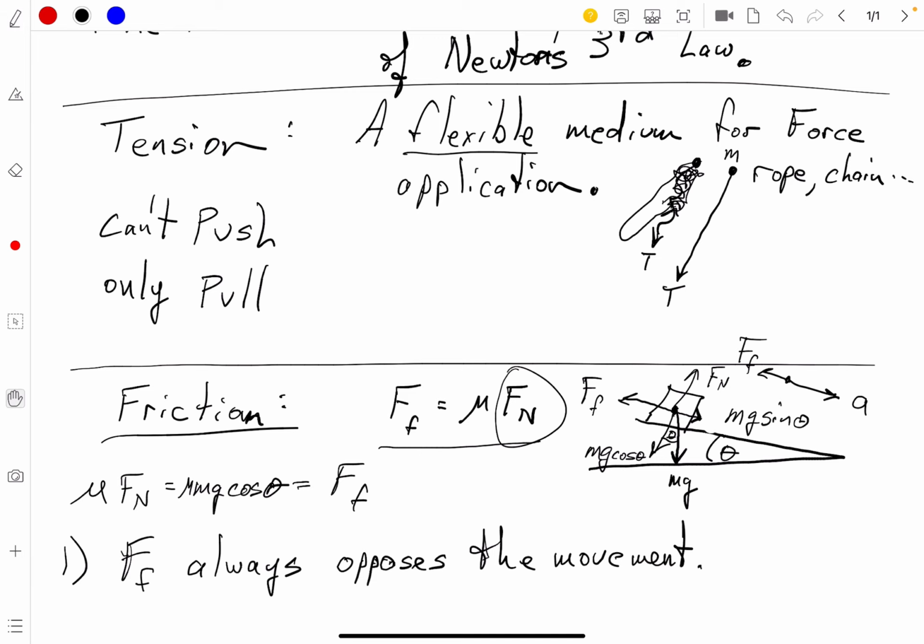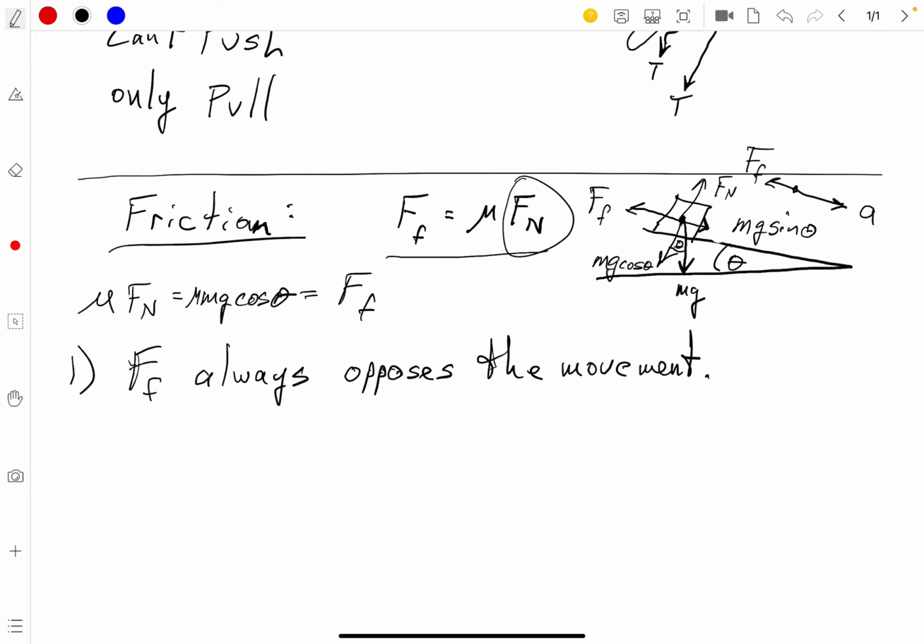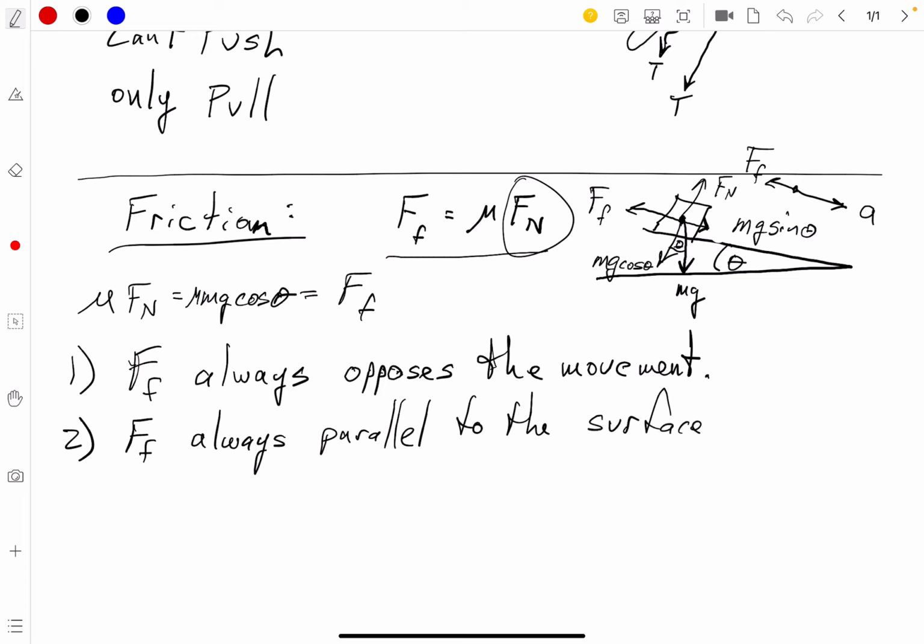The second thing is that it's always parallel to the surface of travel. Okay, and opposes, this pretty much also includes two, because it's opposing.